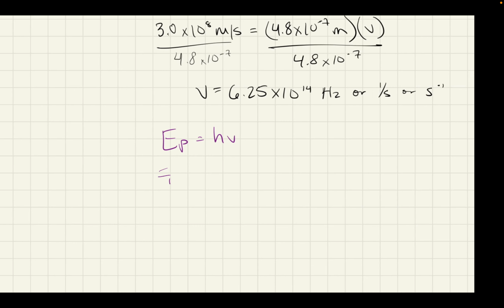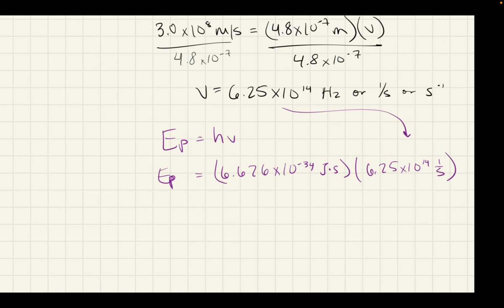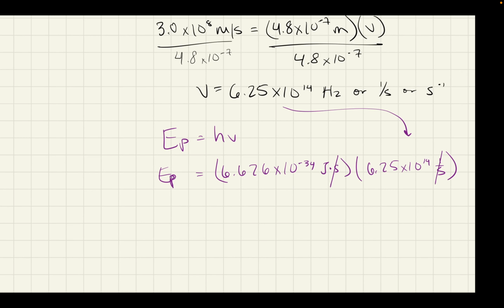Energy is equal to 6.626 times 10 to the negative 34th joules times seconds, and then plug in the frequency we got, 6.25 times 10 to the 14th, 1 over seconds. I chose that unit to show you that those two cancel out.